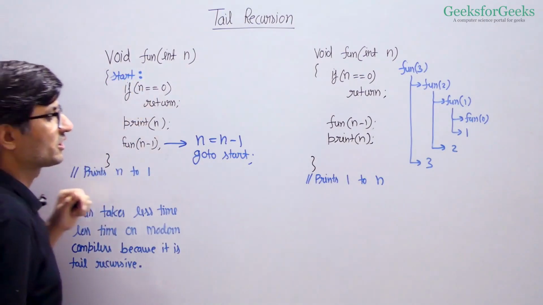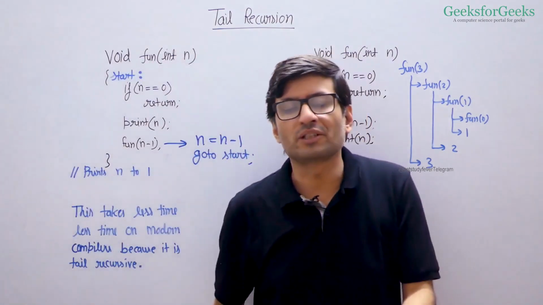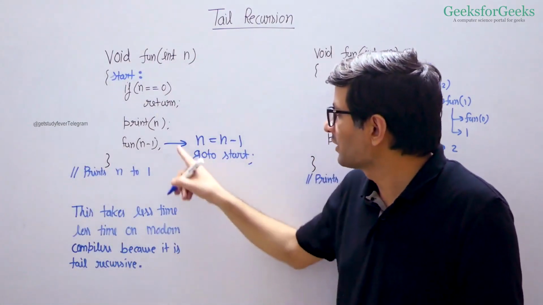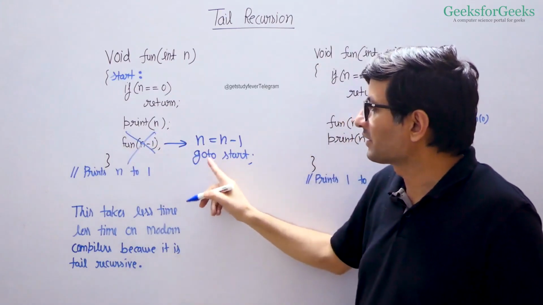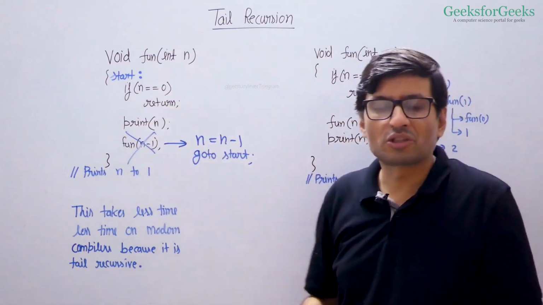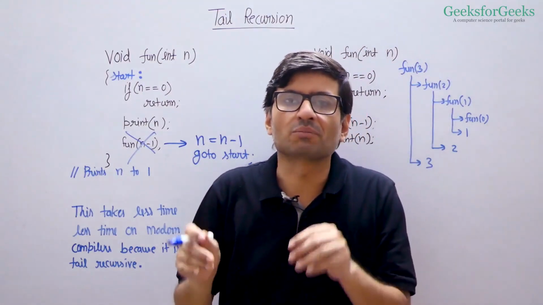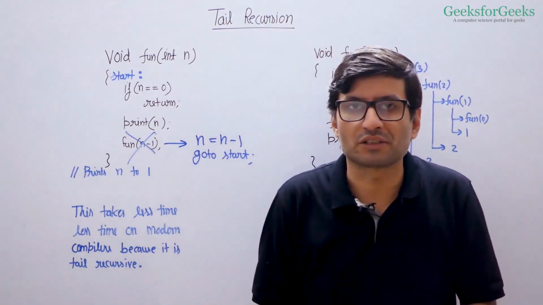These are the changes they make internally. So whatever parameters you are passing in the recursive calls, these parameters are changed and this line is replaced by these two lines and then go to start. So they remove recursion completely. There's no need of recursion.